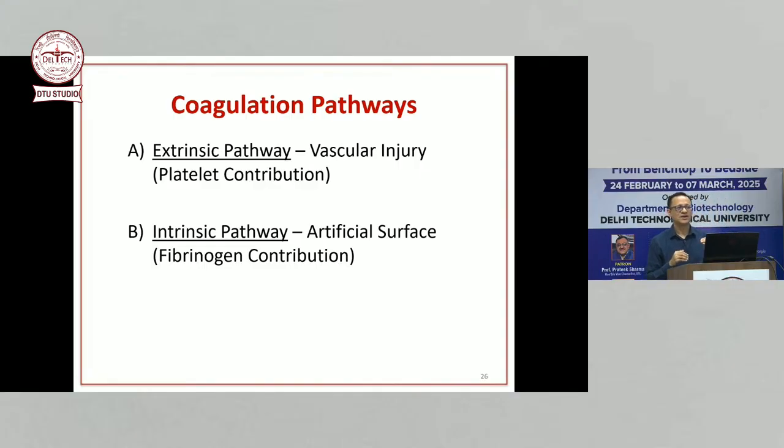Intrinsic pathway, I remember, is intrinsic, internal. So you are putting an artificial device in the body. And now fibrinogen plays a bigger role, because when fibrinogen sees this foreign surface, it sticks to the surface, and that's what platelets recognize and start getting activated.